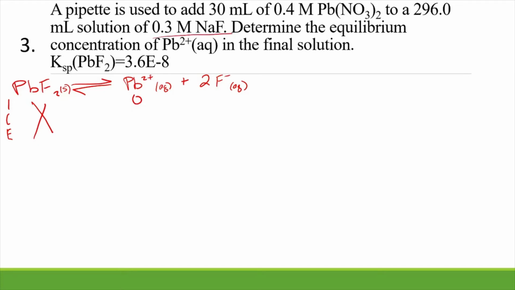So we're actually going to need to figure out how much fluoride we have when this reaction starts. So we're just going to write for now F0 and adding some X, or actually not, what did I write?